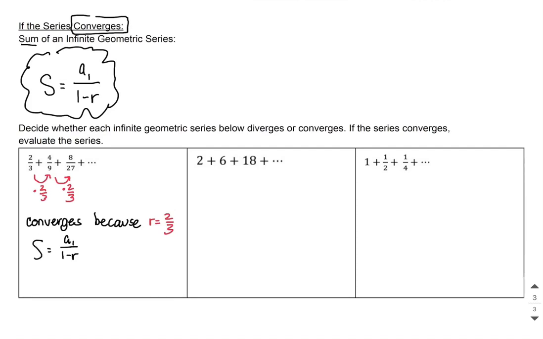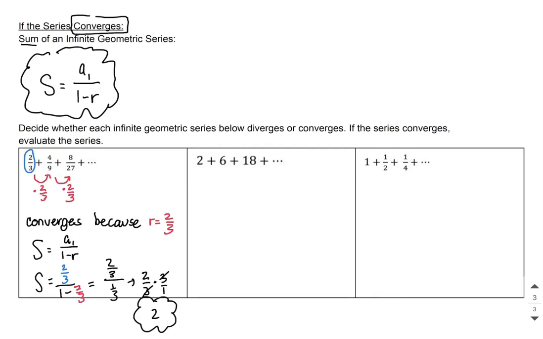The sum of the entire series is a sub 1, which is 2 over 3, all over 1 minus 2 over 3, which gives me 2 over 3 over 1 over 3, which is the same as 2 over 3 times 3 over 1. Dividing by a fraction is the same as multiplying by the reciprocal. When I cancel out my 3's, I get the sum is 2.